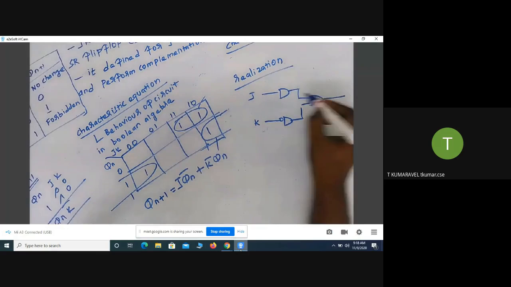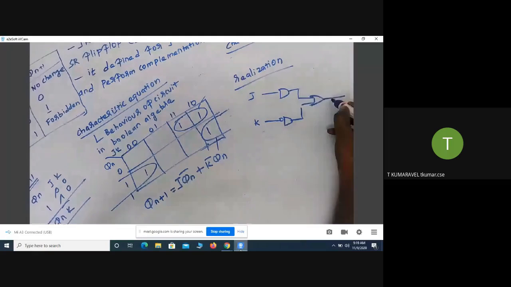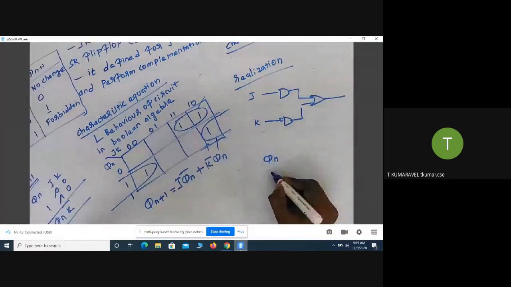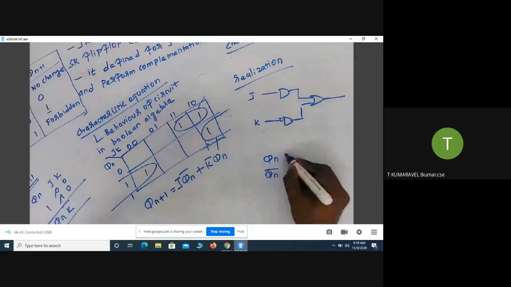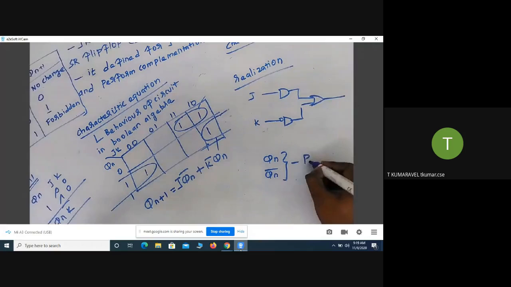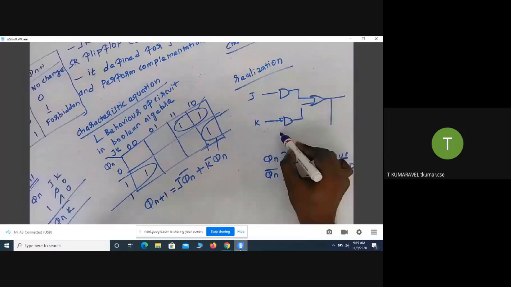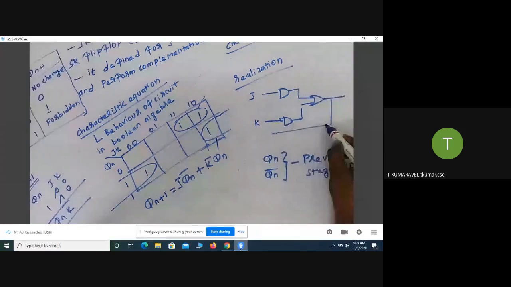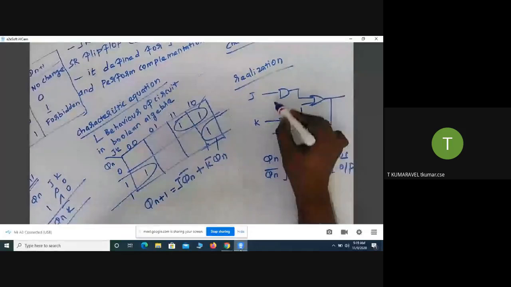The Q and Q bar are the previous stage output. Now I take the output as feedback for my circuit.